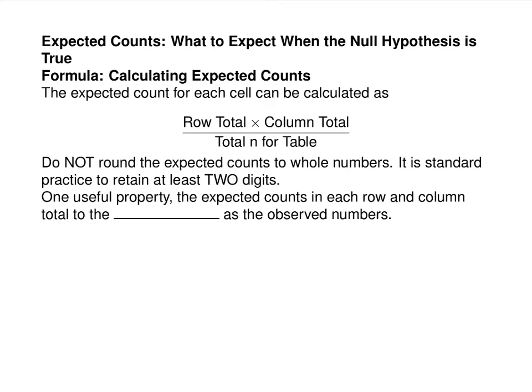But for now, to all be consistent, let's just keep 2 digits. And one useful property, the expected counts in each row and column total to the same as the observed numbers. So for example, in your little table here, these numbers are going to be different, but those totals are all going to be the same as they were in the original table.